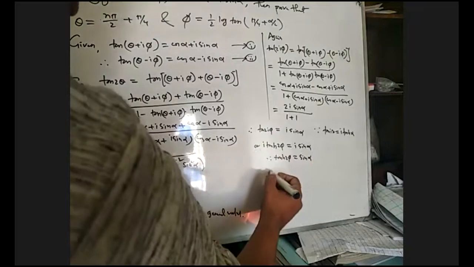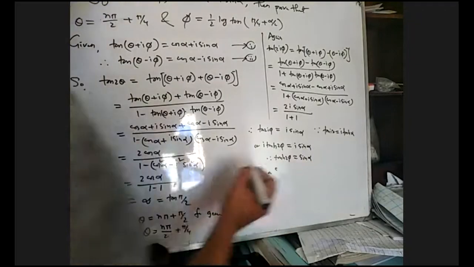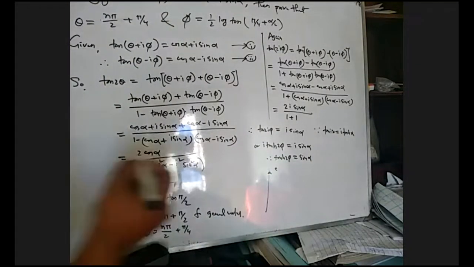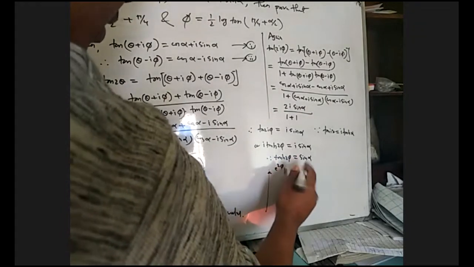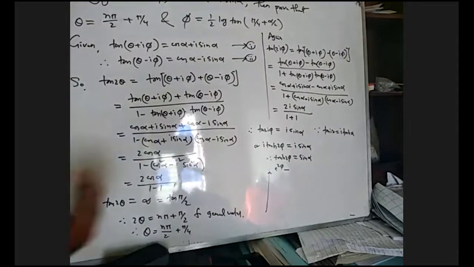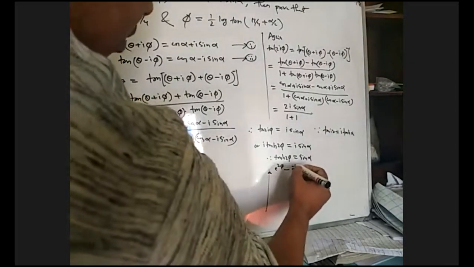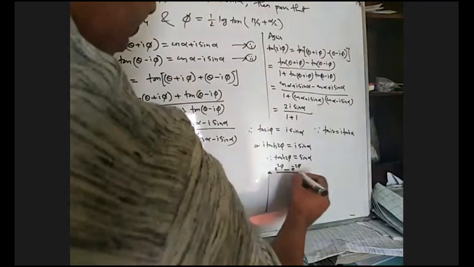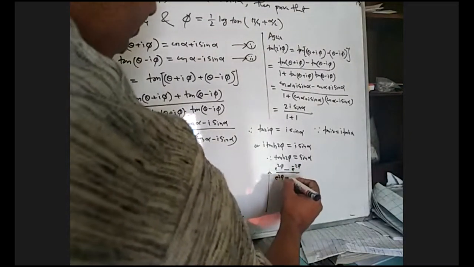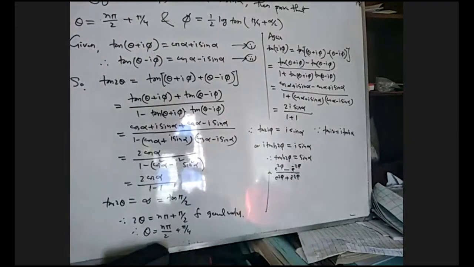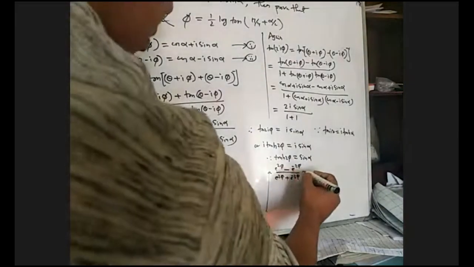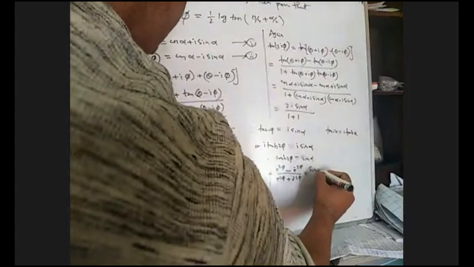Now what will be the tanh formula? It is (e to the power twice π minus e to the power minus twice π) divided by (e to the power twice π plus e to the power minus twice π). This equals sin α by 1.